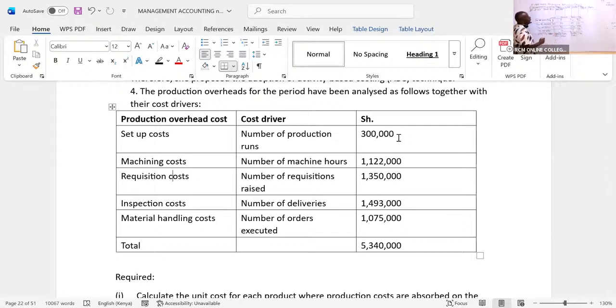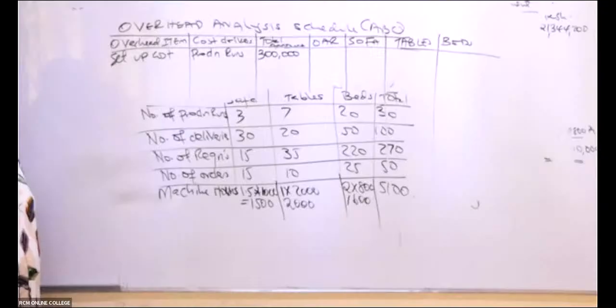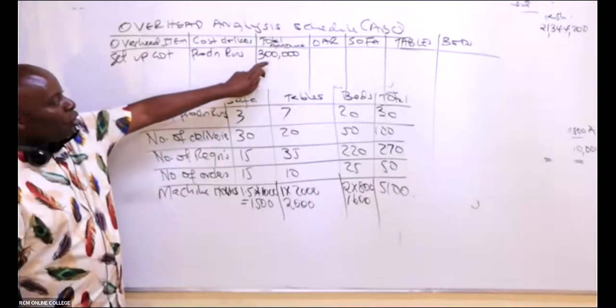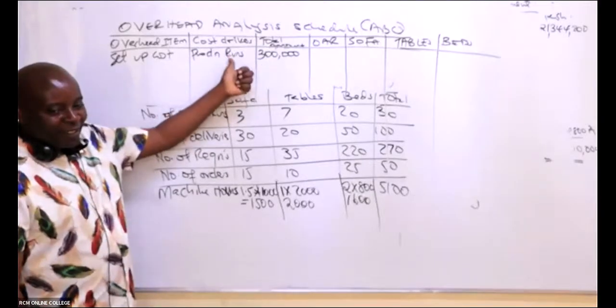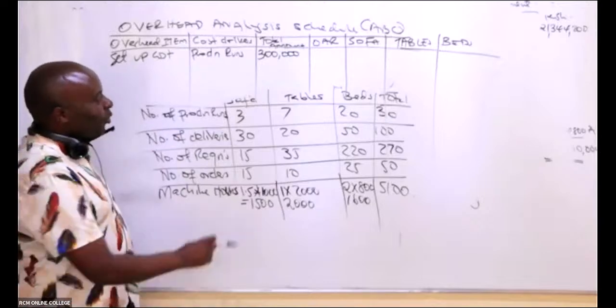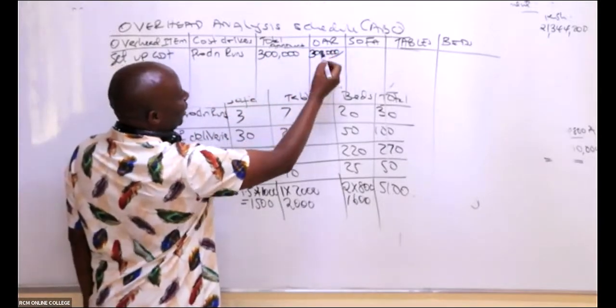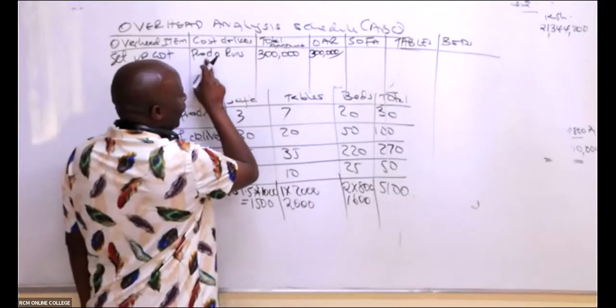So then to get OAR, I will take the total overhead over the total cost driver. Total overhead is 300,000. We know that here the cost driver is the production runs.